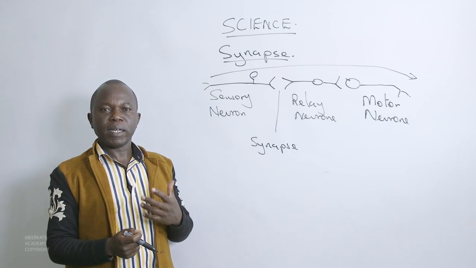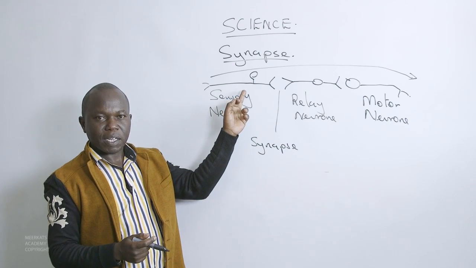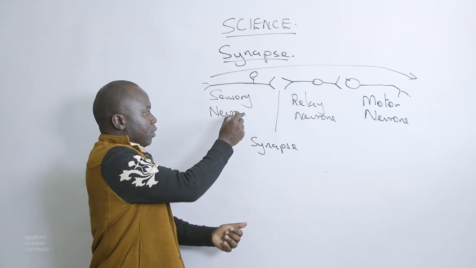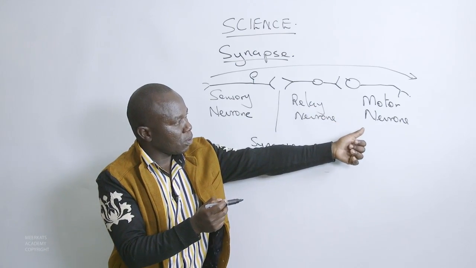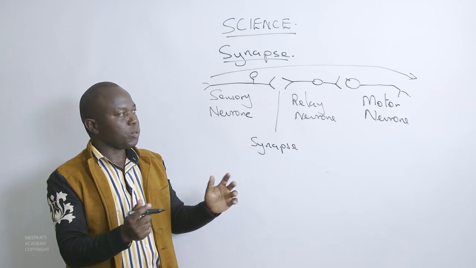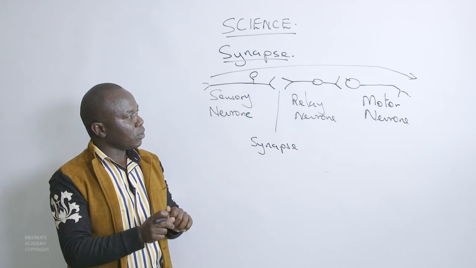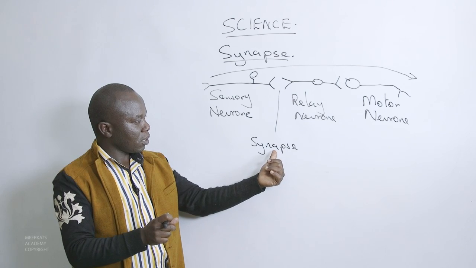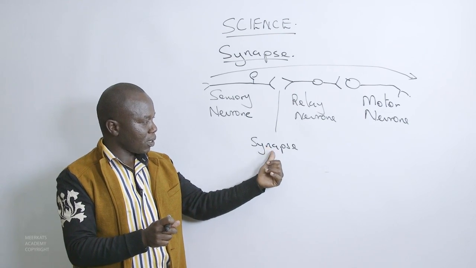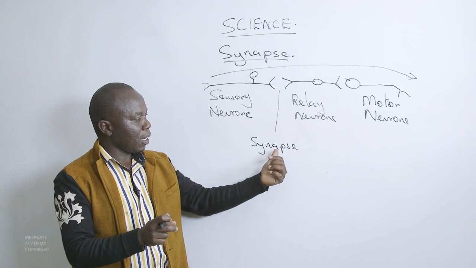So we should be wondering, how is it possible that a nerve impulse can flow from sensory neuron to relay neuron and then to motor neuron, and yet there exists a gap between adjacent dendrites of the neurons? So I want to find out what happens in the synapse and what its functions are. Why is it that we should have that gap?